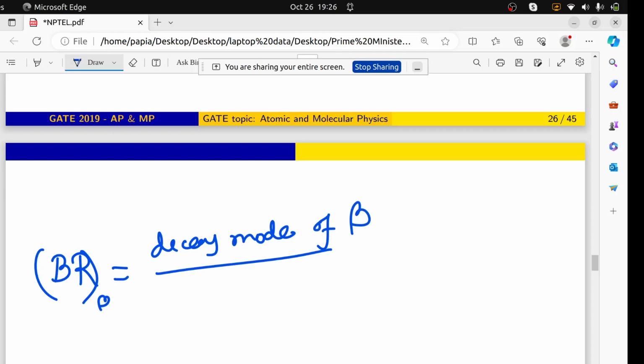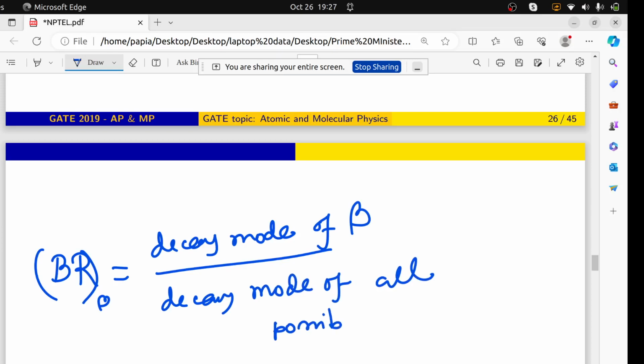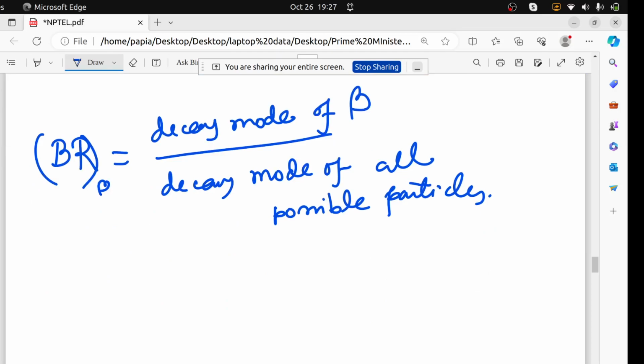Beta decay branching ratio is the decay mode of all possible particles. I am just going to write here in very layman language: decay mode of beta divided by decay mode of all possible particles. All possible particles means it can be alpha, it can be beta, it can be gamma.